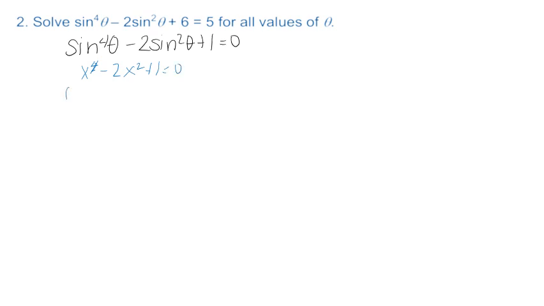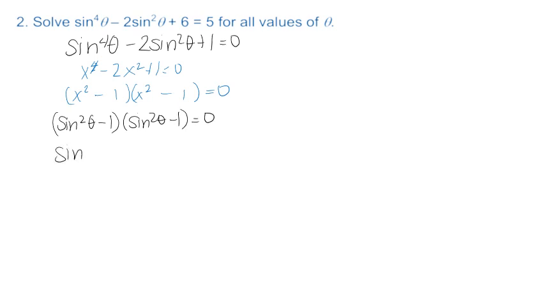So I would end up factoring this as x squared and x squared, 1 and 1. Both of those are subtraction. So when I change this back over to sines, I'd have sine squared theta minus 1 times sine squared theta minus 1 is equal to 0.